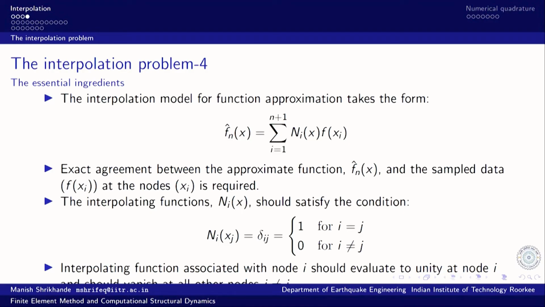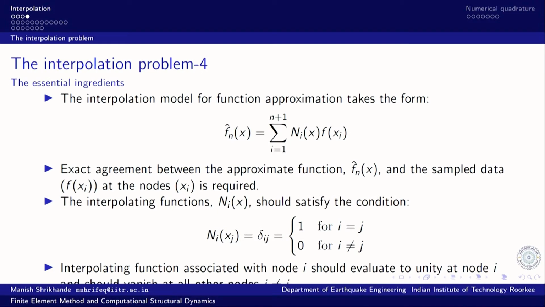So, interpolation functions associated with node i should evaluate to unity at node i, and should vanish at all other nodes j not equal to i.